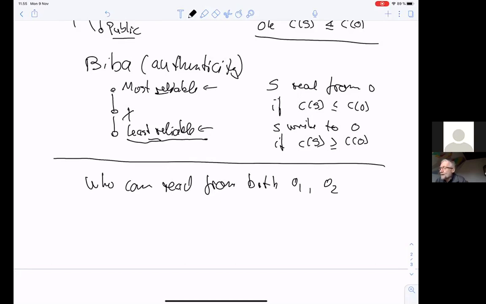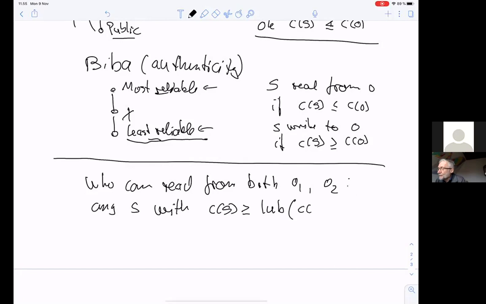And if we organize things with a lattice, there is a very simple and compact answer to this question. Namely, the answer will be any subject S whose classification is at least the least upper bound of the classifications of the objects.